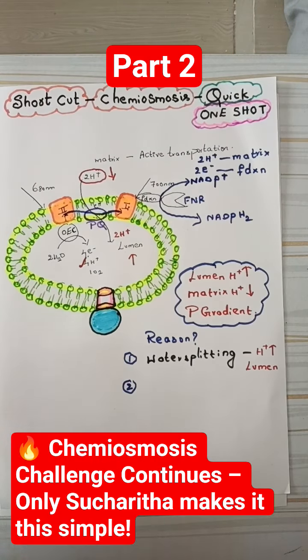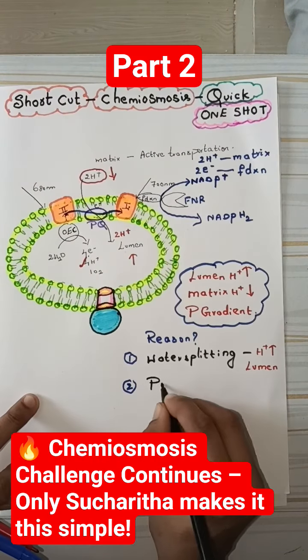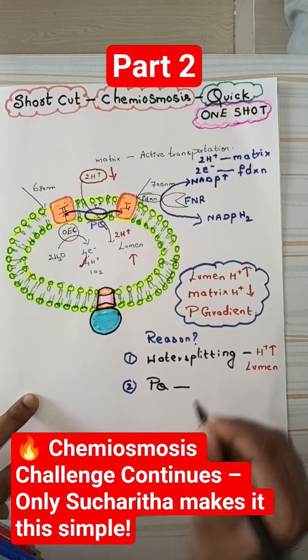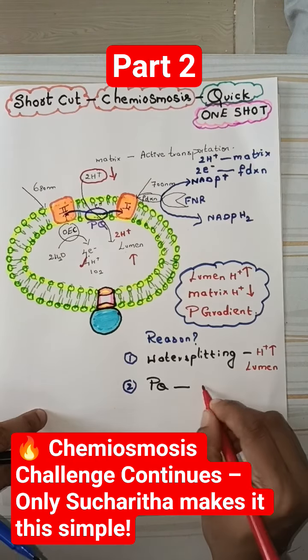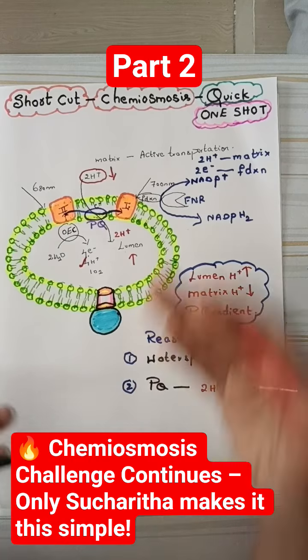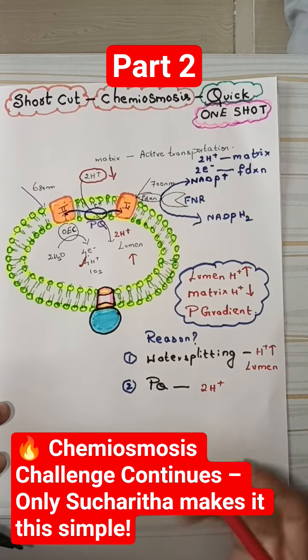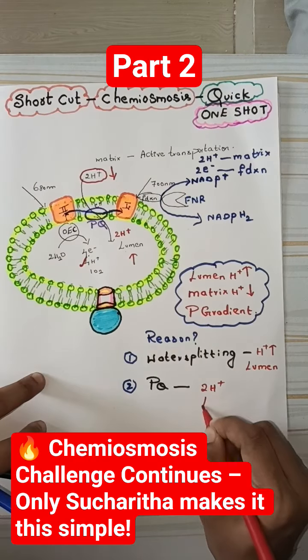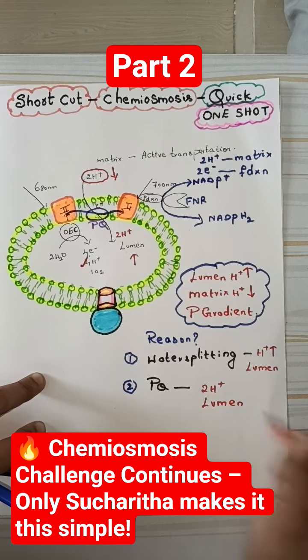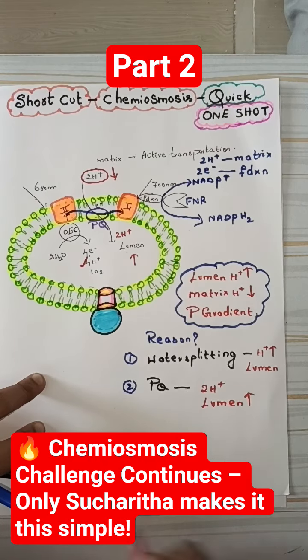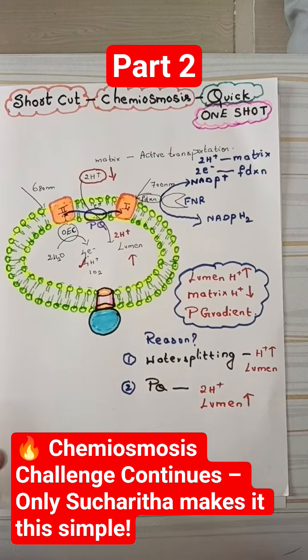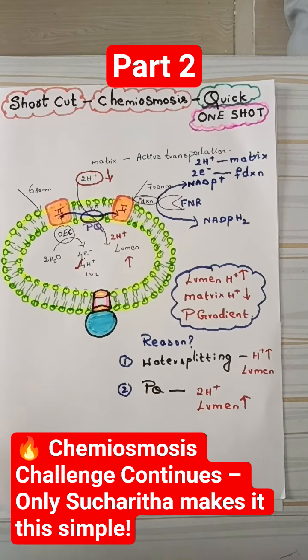So the second reason here is that the plastoquinone is going to pump two protons from the matrix into the lumen through active transportation, where again the lumen proton concentration is going to be increased.